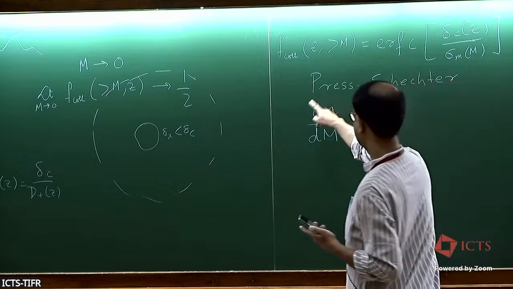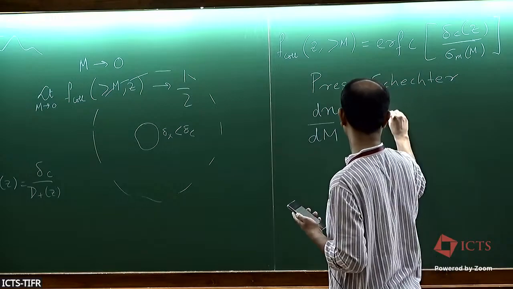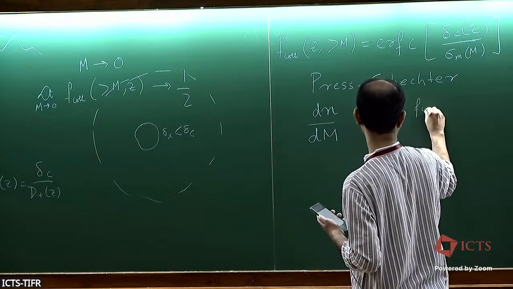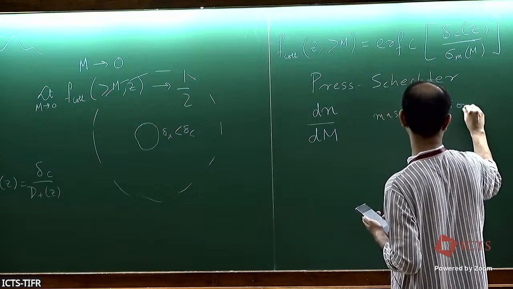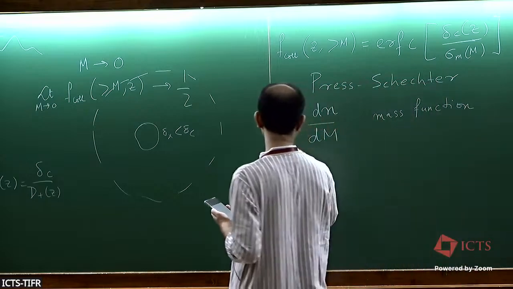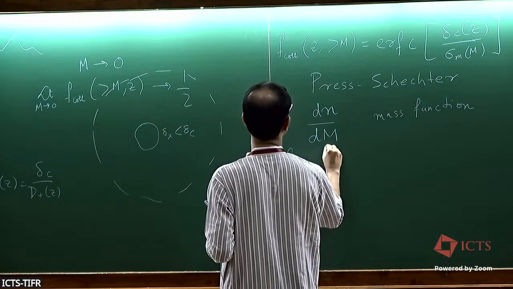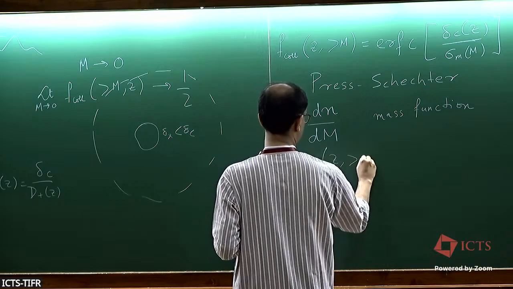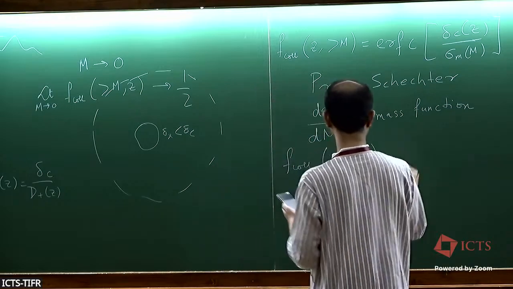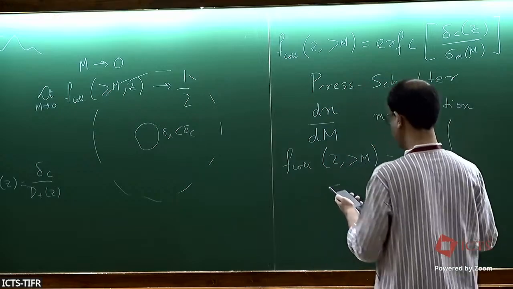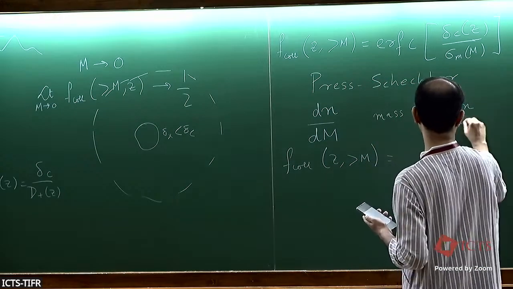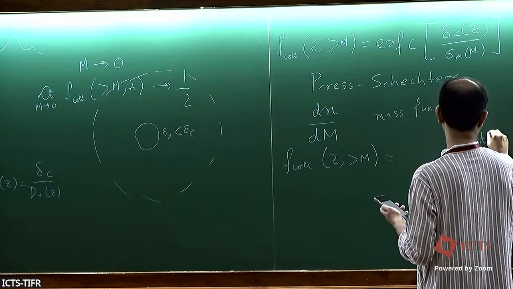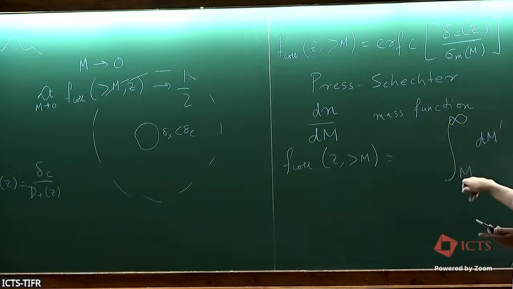So this is the mass function, and I want to know its form. Now if I write the same F collapse in terms of the mass function, it will be what? So suppose I integrate over all halos having mass greater than m.